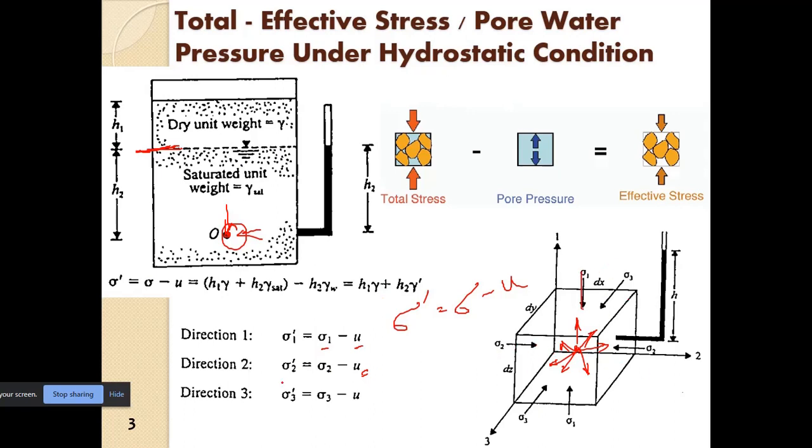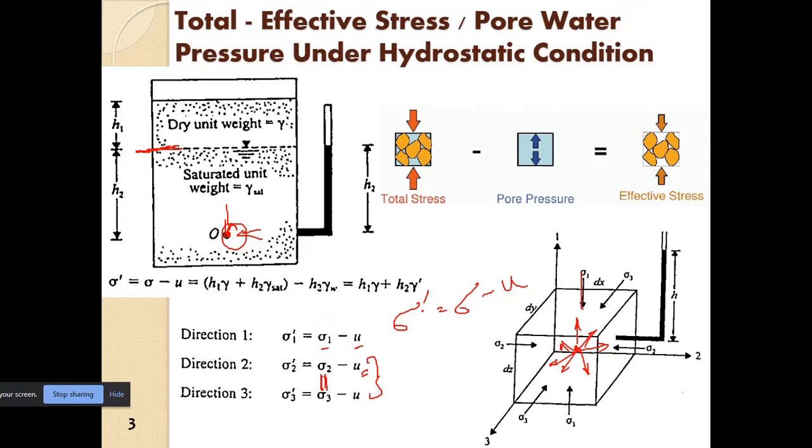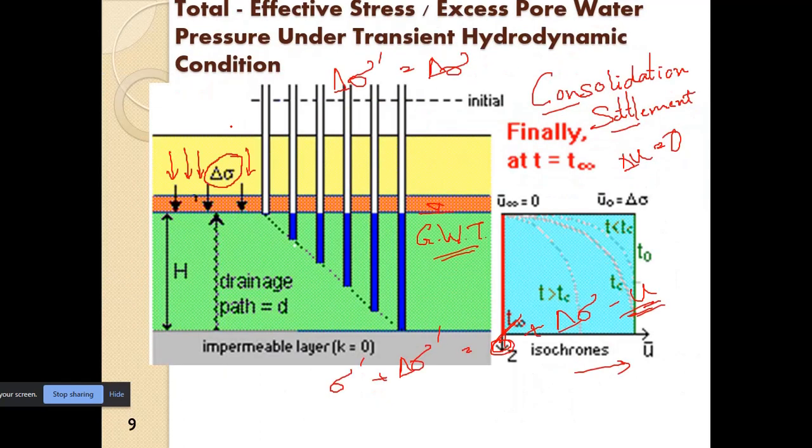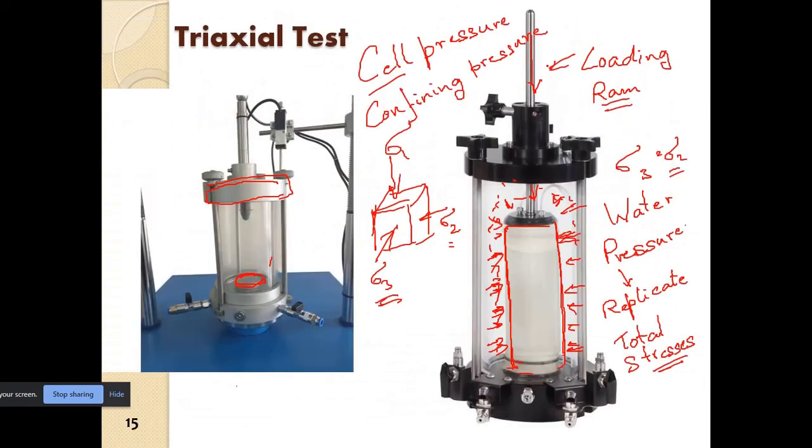Basically here in the triaxial, we will consider sigma 2 equal to sigma 3, and in fact we can also control the pore water pressure. We will see how we can control that. So we can apply sigma 2 and sigma 3, and then with the help of the loading ram we can apply sigma 1. So we can also simulate the loading conditions in the soil.